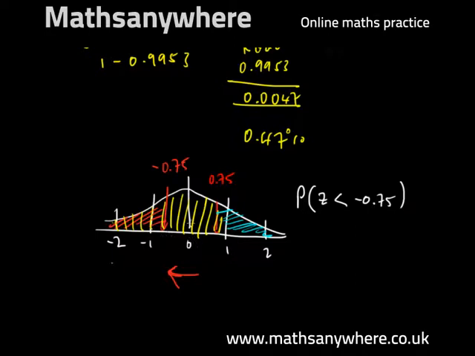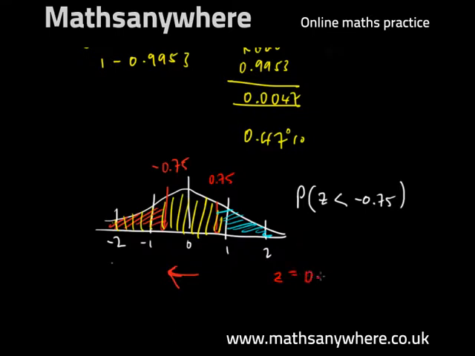Let's go back to our tables and look at how much area there is to the left of our normal distribution if we're asked what is the probability the outcome is less than minus 0.75. 0.75 standard deviations away gives us a probability if Z is 0.75.